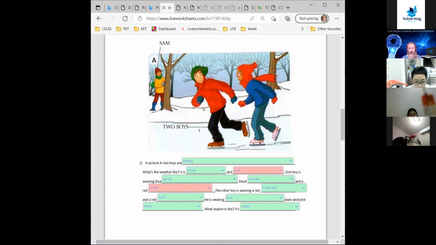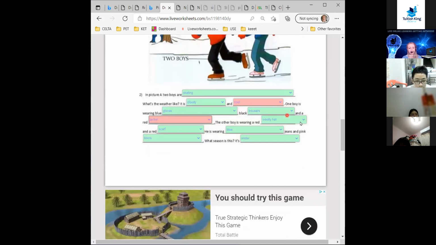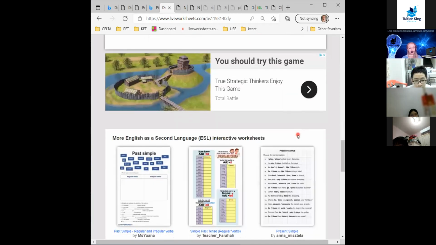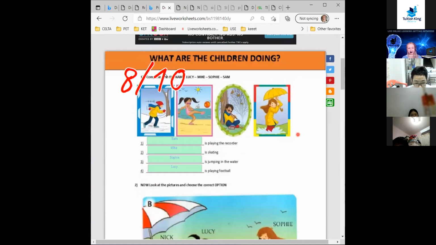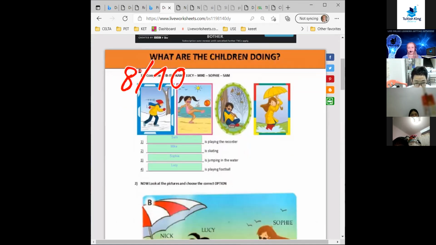Blue gloves, right? Black trousers and a red jumper. Not a jacket, but a jumper, because you see, it has no zipper. So probably it's a jumper. We got all of them, and we did 8 out of 10.